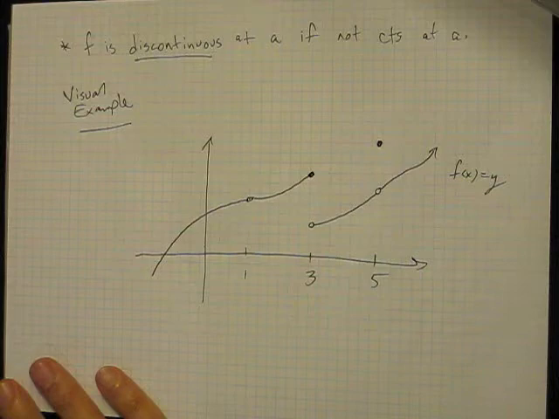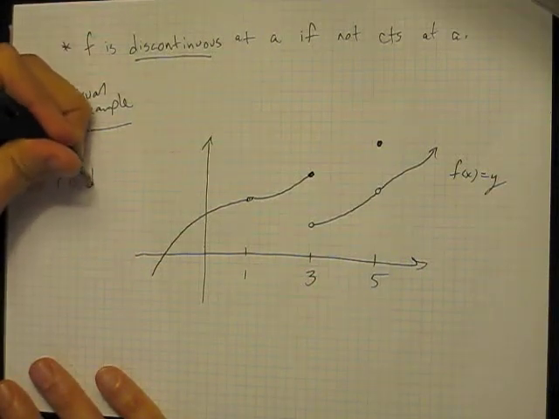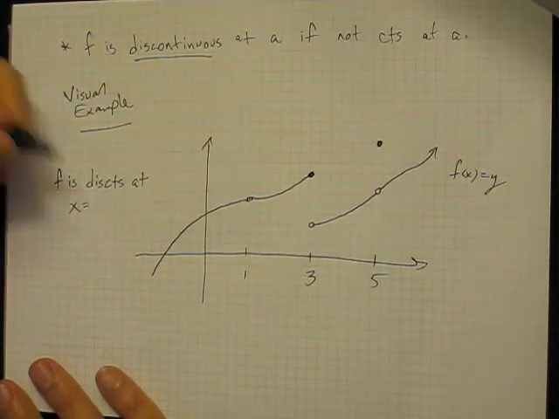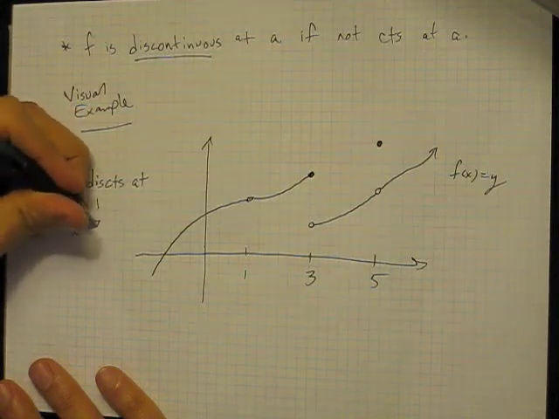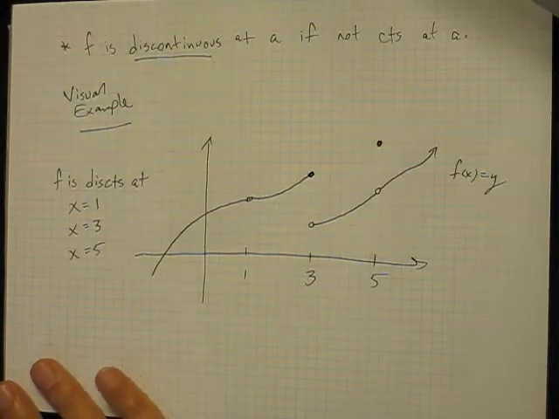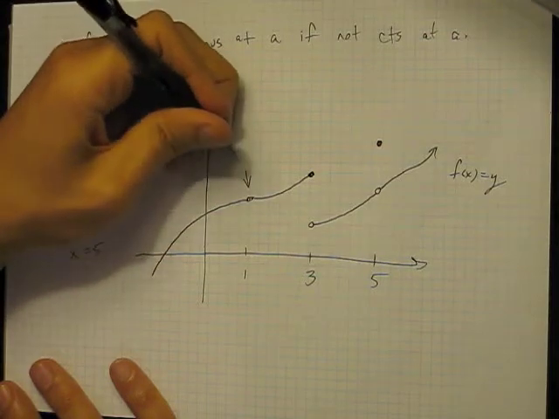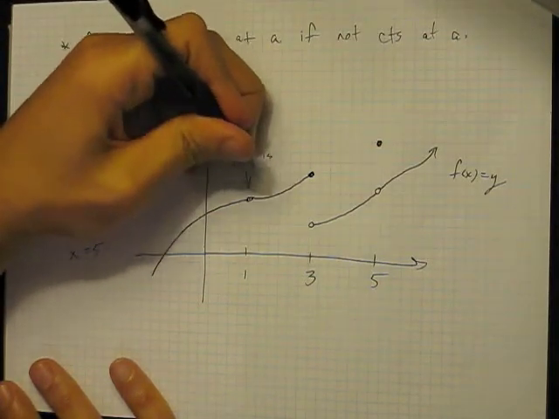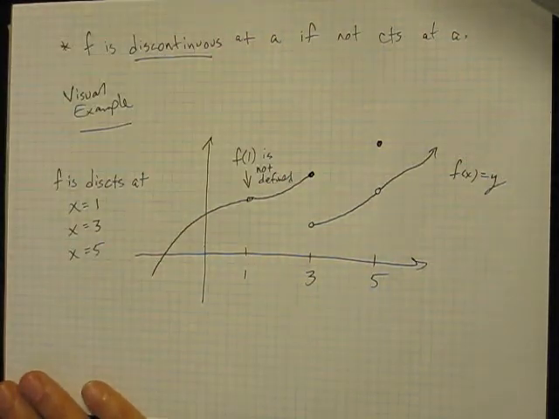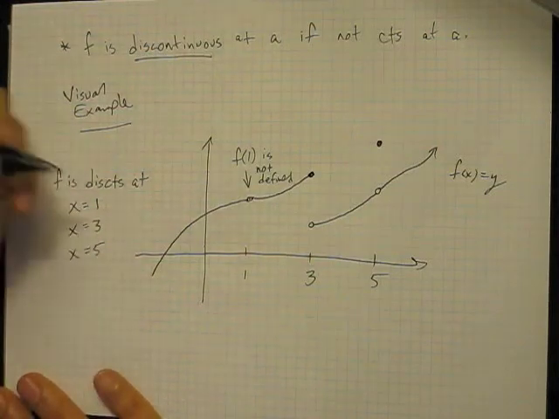And we notice, where is f not continuous? So f is discontinuous at, let's see, it looks to me like x equals 1, x equals 3, and x equals 5. Okay, and let's see why. Here f of 1 is not defined, so that's one condition. So it can't possibly be continuous there if it's not even defined there.